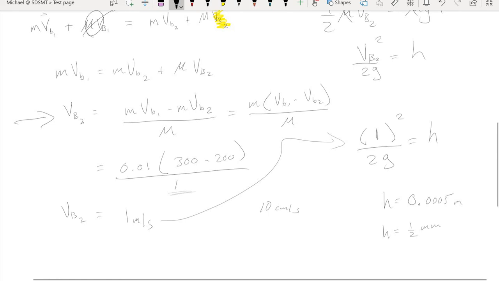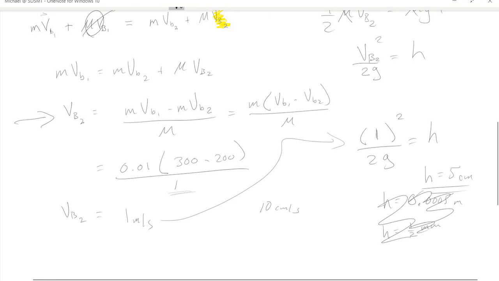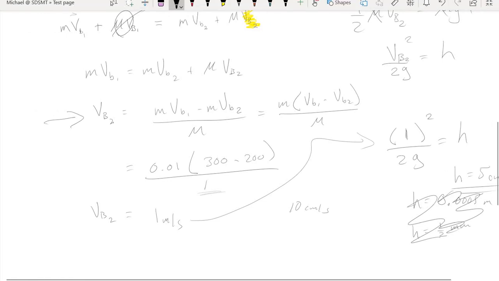Let's see, 1 divided by 2 divided by 9.8. Nope, it's 5 centimeters. Yep. Okay, so that looks a little more impressive. If we could get this block to jump up about 5 centimeters.